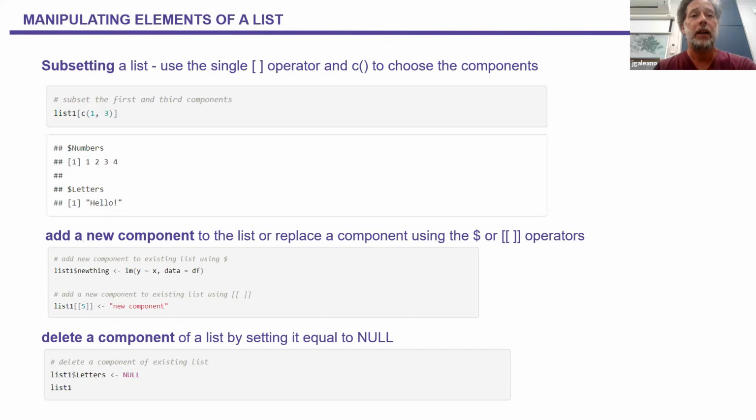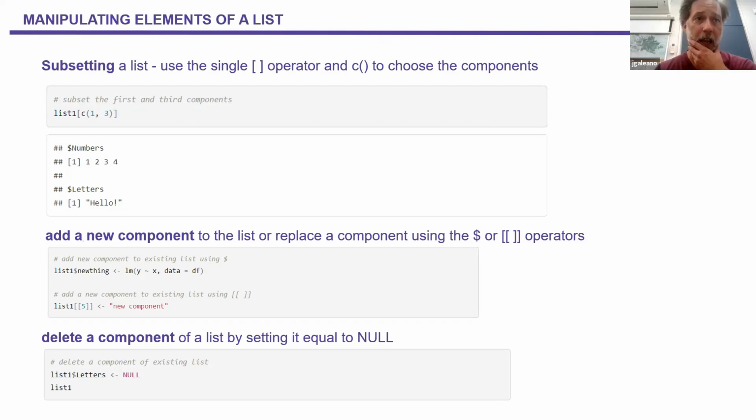Also, once we are in the mindset of working with lists, we will also be aware that we can perform different tasks as in general we do with a single data frame. So imagine that we have this list of 3 elements, but by any chance we are only interested in working with the element 1 and the element 3, we can use this combination of the list and the c function, the concatenate function, telling R that we want to get the first and the third element of this list.